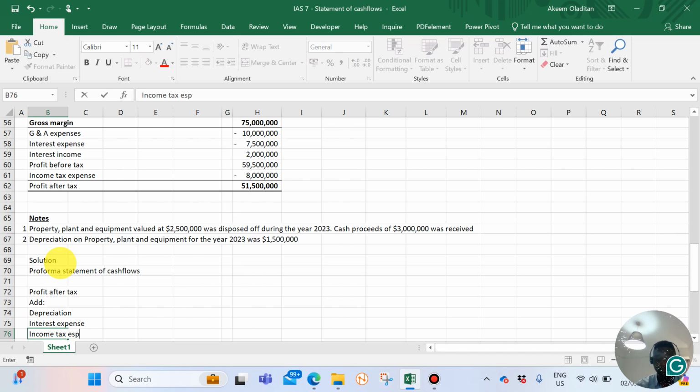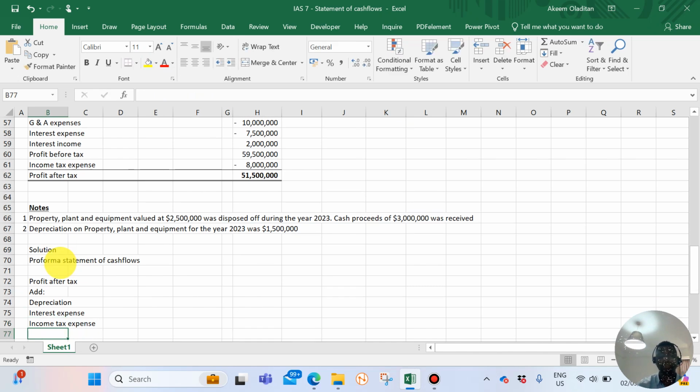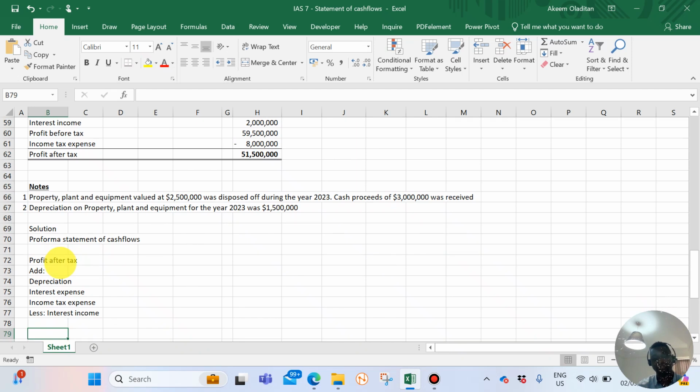I'm looking at the expenses for now. I'll look at income later. So income, I need to less interest income. So that's my pro forma from the top.